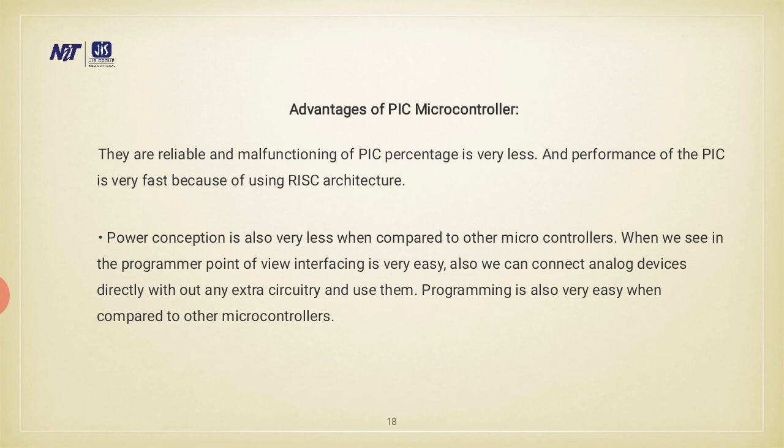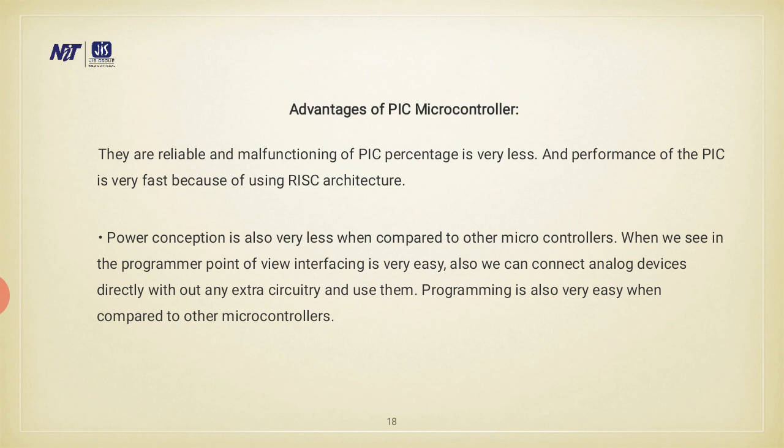So, the main differences between AVR, ARM, 8051 and PIC microcontroller. Bus width: for 8051 it is 8 bit, for PIC it is 8, 16, 32, for AVR it is 8 or 32, for ARM it is 32 bit, mostly 64 bit also available.